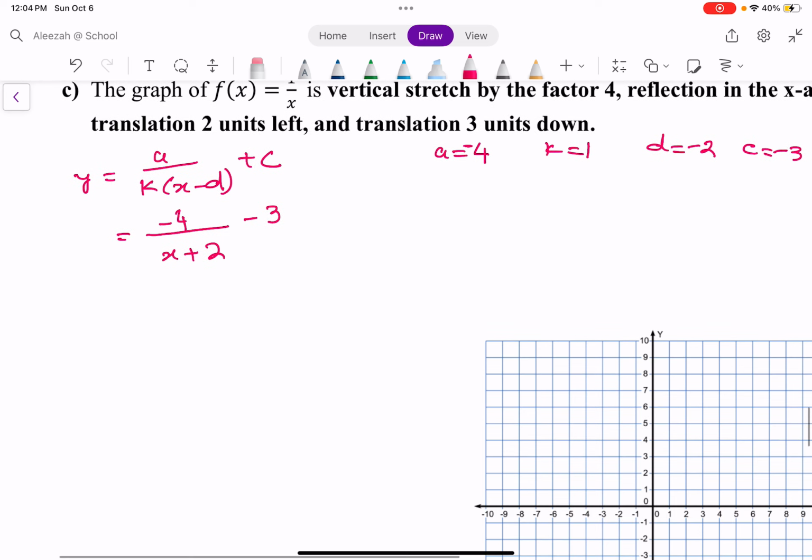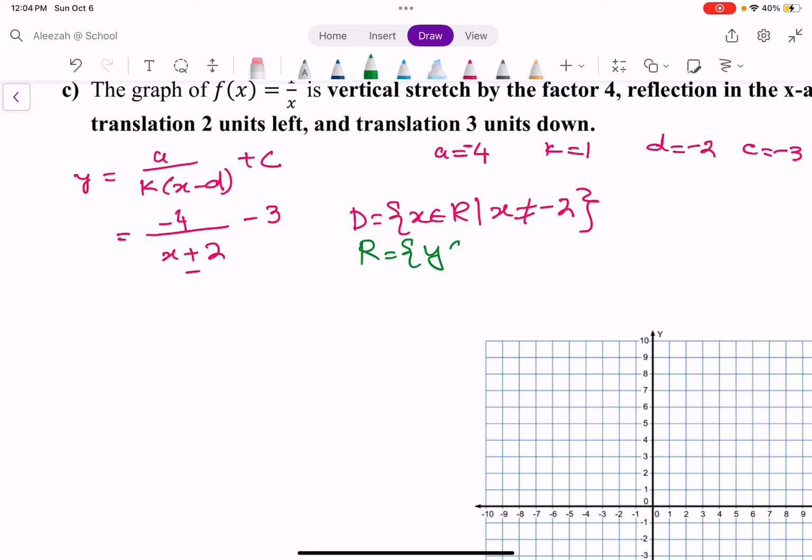So here first it is better if you draw your vertical and the horizontal asymptote, and you know the restriction. If I write the domain and range first, that will be a good idea. So my domain is x belongs to R such that x is not equal to negative 2, right? That comes from the restriction. My range will be y belongs to R such that y is not equal to negative 3, right?